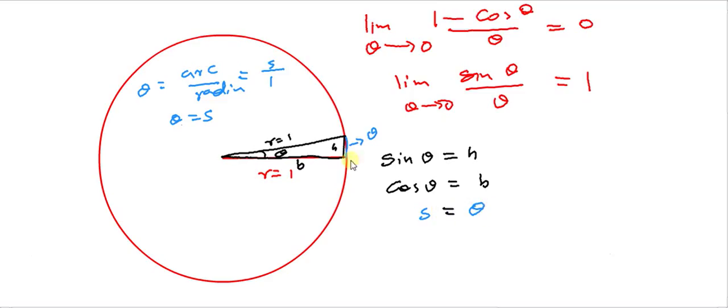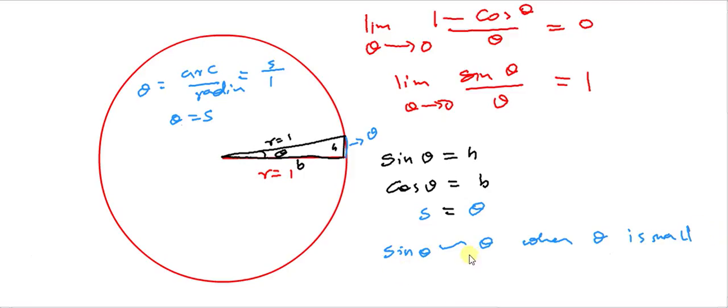So when theta becomes small, the arc length and the vertical height resemble each other. When theta becomes infinitely small, there is no clear distinction between h and theta. So h, or sine theta, is approximately theta when theta is very small.